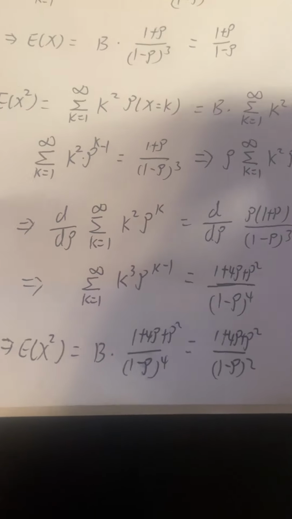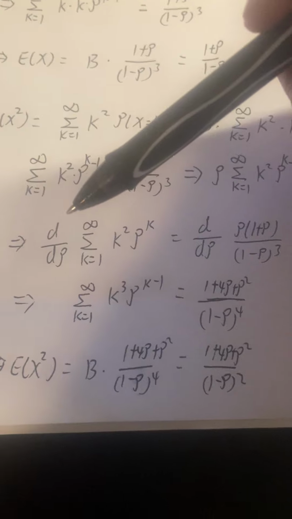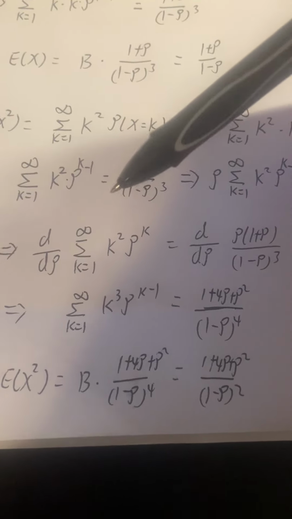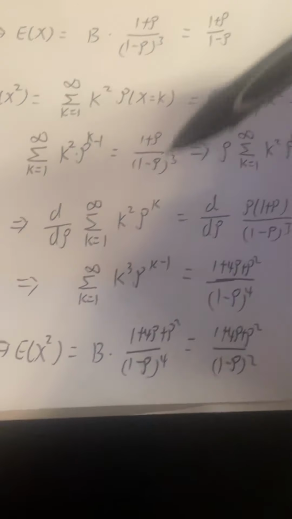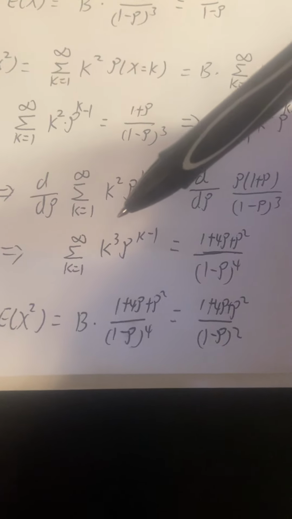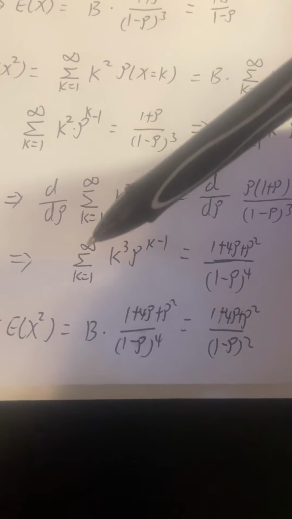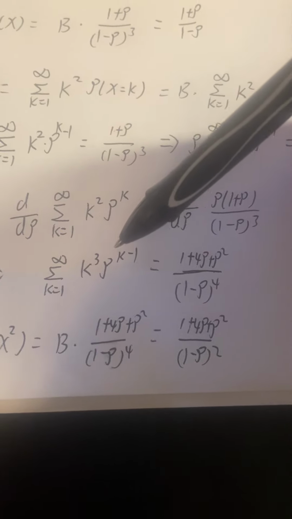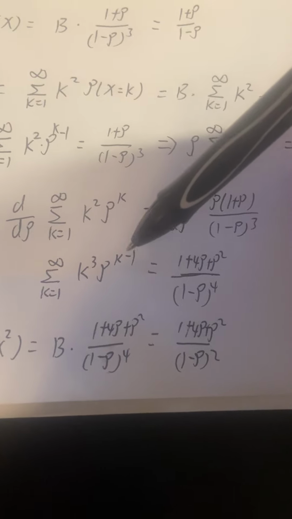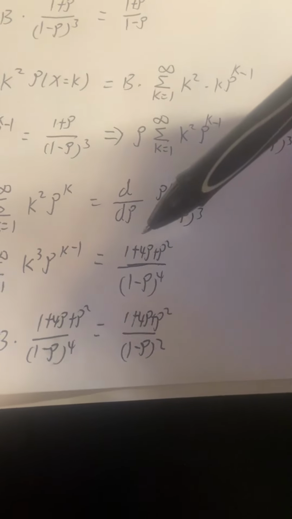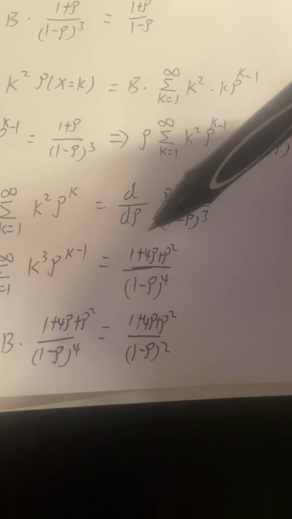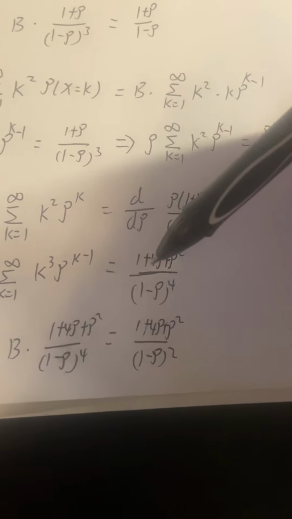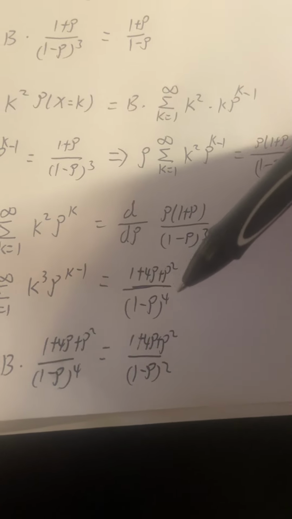And then we take the derivative with respect to p on both sides, and the left side will be the sum from k equals 1 to infinity of k cubed times p to the power of k minus 1, and the right side will be 1 plus 4 times p plus p squared over 1 minus p to the power of 4.